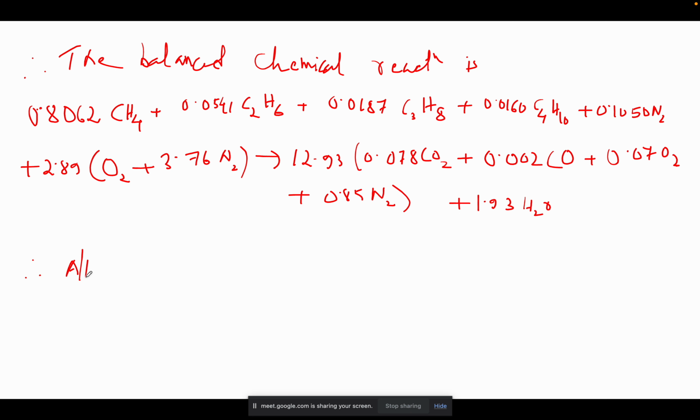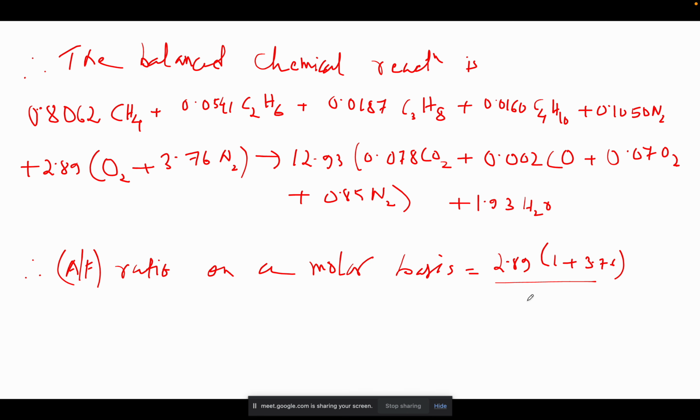Okay, therefore the air fuel ratio on a molar basis is equal to what? 2.89 into (1 plus 3.76) divided by 1, which is 13.756 kilomole of air per kilomole of fuel.